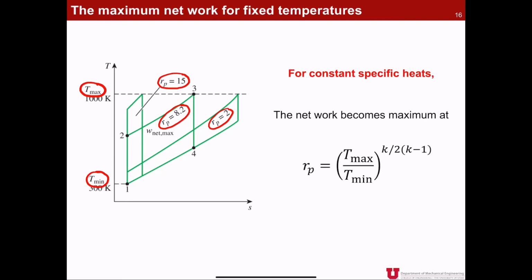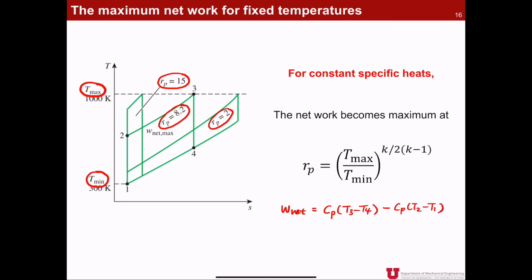Then your net work can be calculated by the turbine work, Cp (T3 minus T4), minus the compression work, Cp (T2 minus T1). So that is your net amount of work.